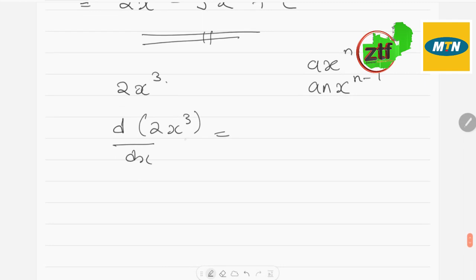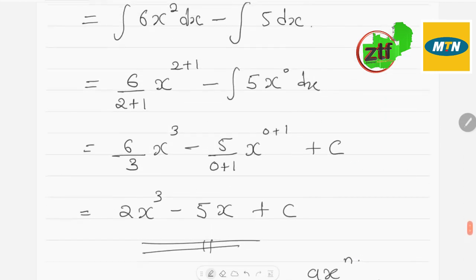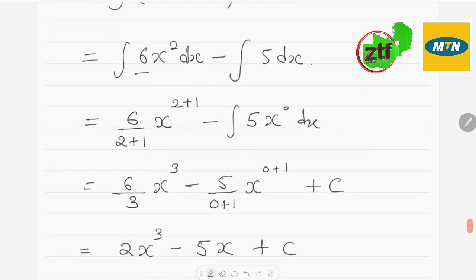So when I multiply 3 by 2, I will get 6, then the power of x will be subtracted by 1, which will give me 2. I will have 6x squared, which takes us back to the term that we have here, which is 6x squared.